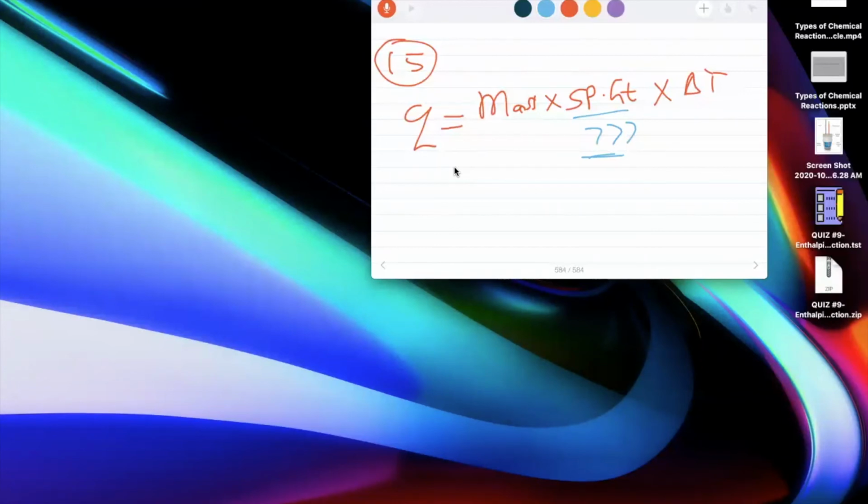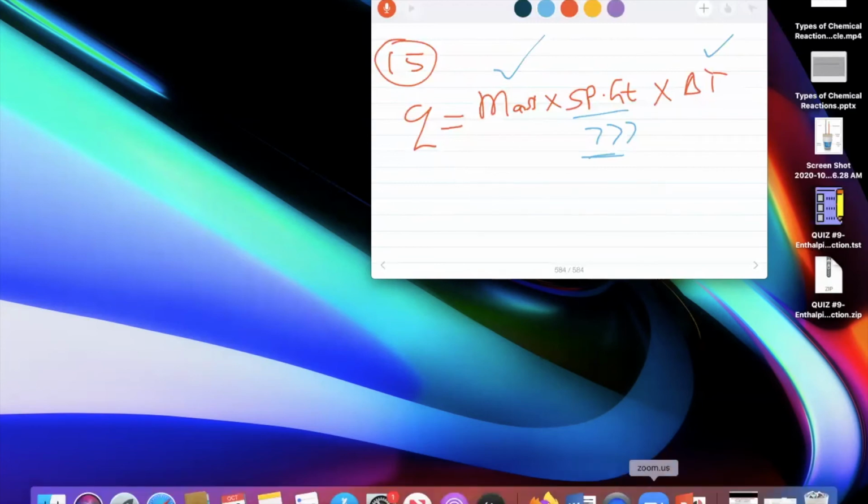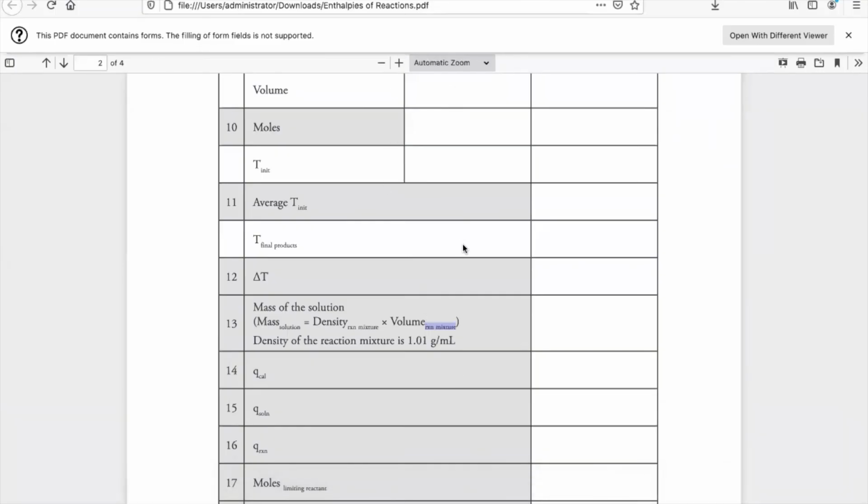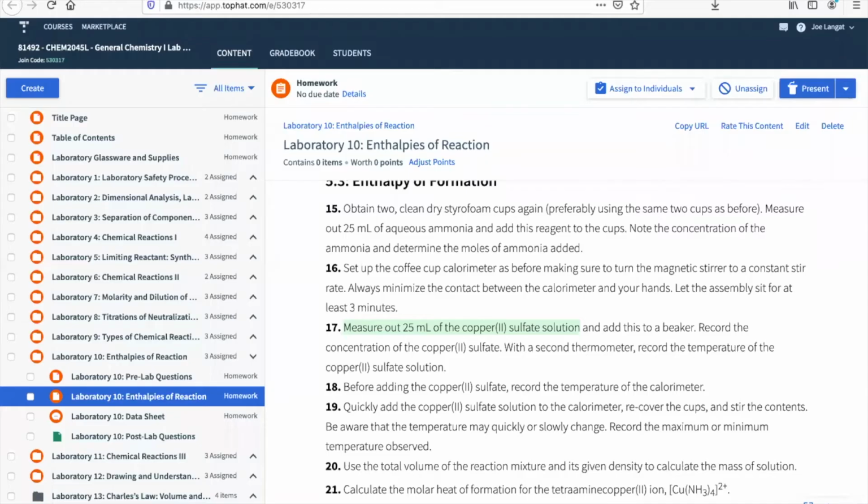But change in temperature, you have this. Mass of the solution, you have that. But where is the specific heat? Unless you read the background to get that information, you will not be in a position to understand what is going on.